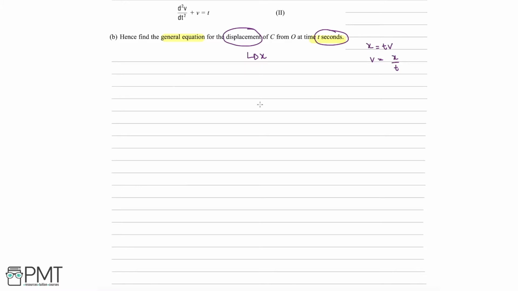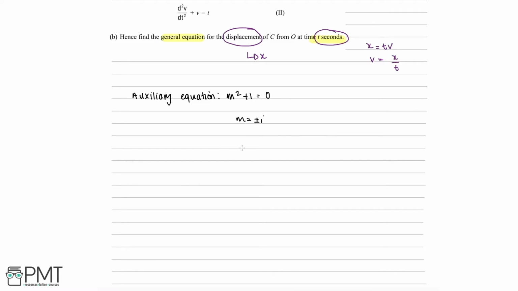So our first step is finding the auxiliary equation. Our auxiliary equation would be m squared plus 1 is equal to 0. And we need to solve this equation in order to find m. So in this case, m will be equal to plus or minus i.